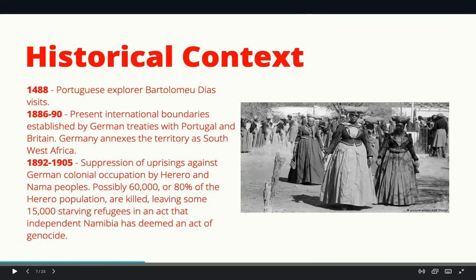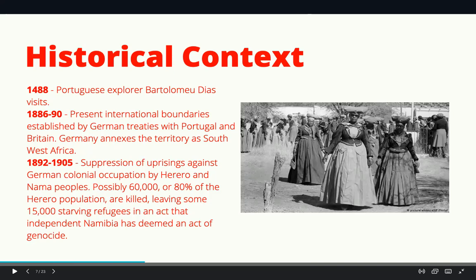Germany annexed the territory of Southwest Africa. History tells that Germans claimed Southwest Africa, as it was known, between 1884 and 1950. In 1950, South Africa, being a member of the British Commonwealth at the time, occupied the German colony of Southwest Africa.